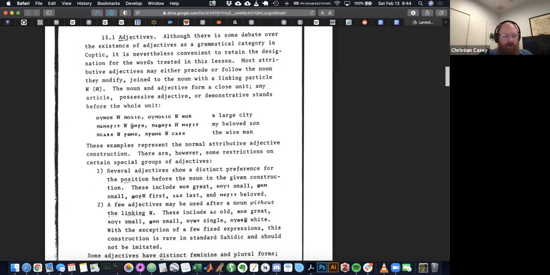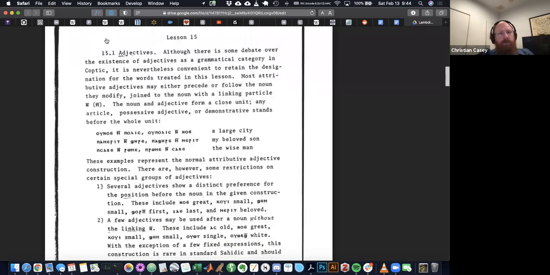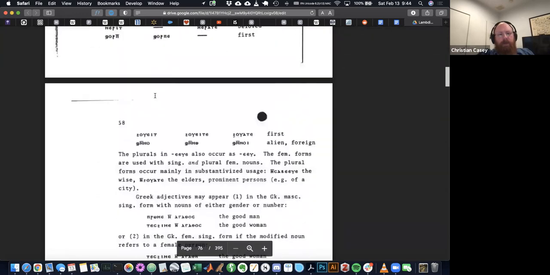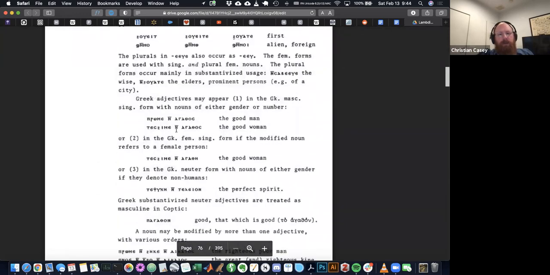And there's kind of this thing with parts of speech where they're defined according to the duck criterion, where if it walks like a duck and quacks like a duck, it's probably a duck. If it looks like an adjective and works like an adjective, well, hell, it's an adjective. So you can just call it that without worrying about it too much, which is exactly what Lambda does in this chapter. I'm not trying to make it unduly complicated.